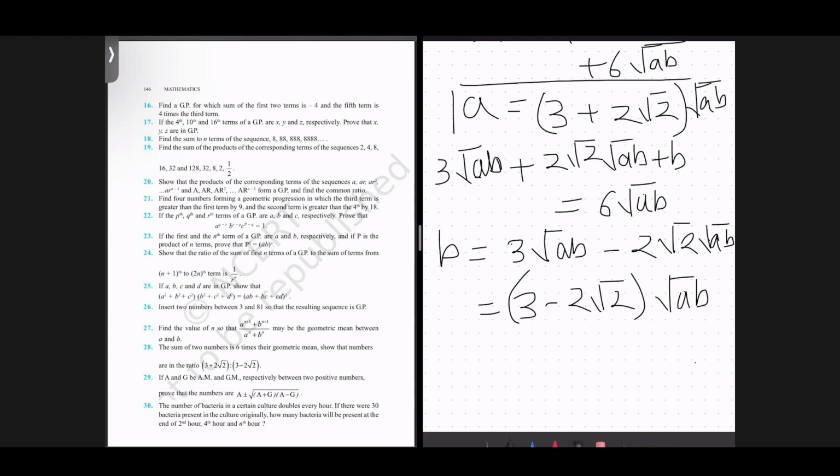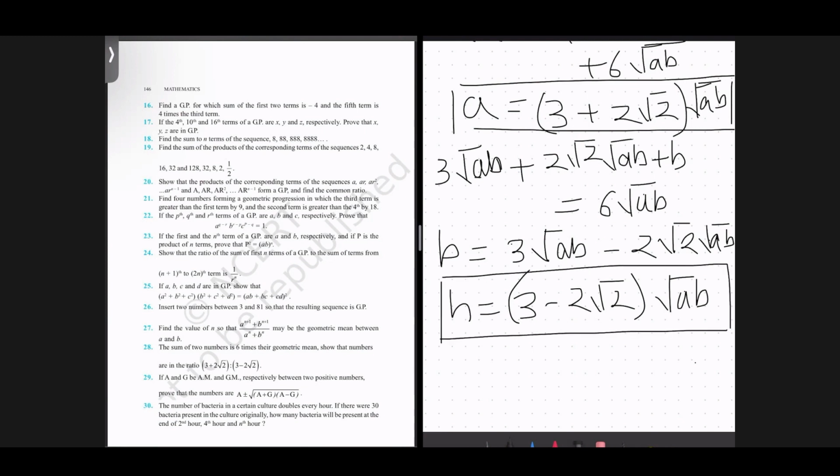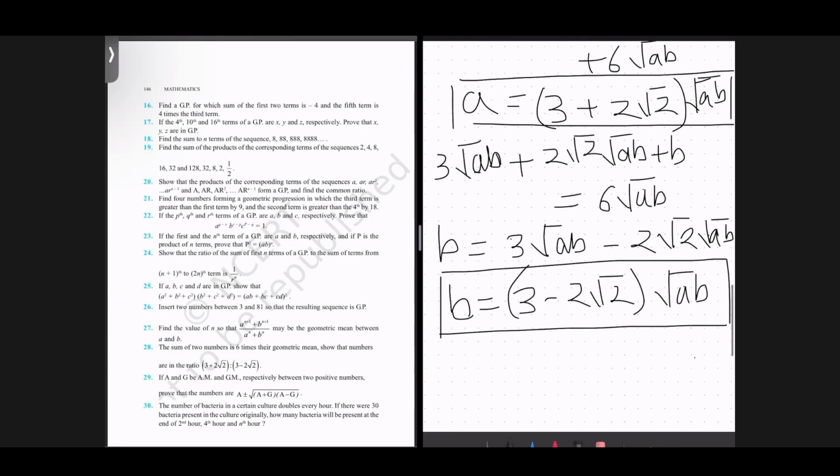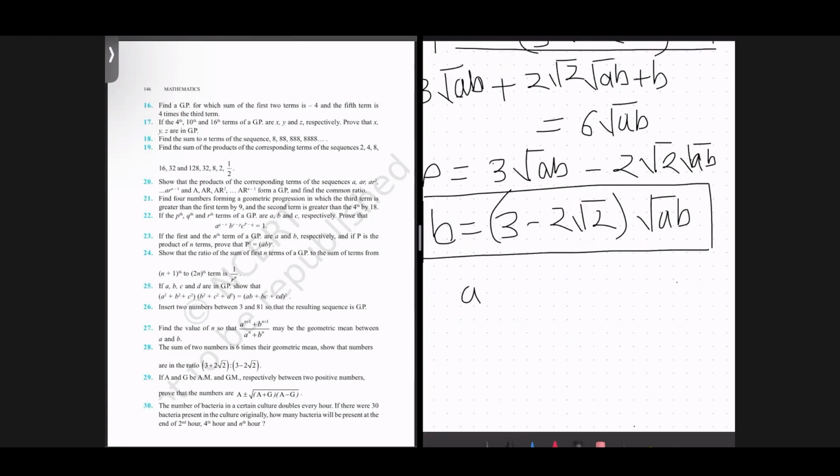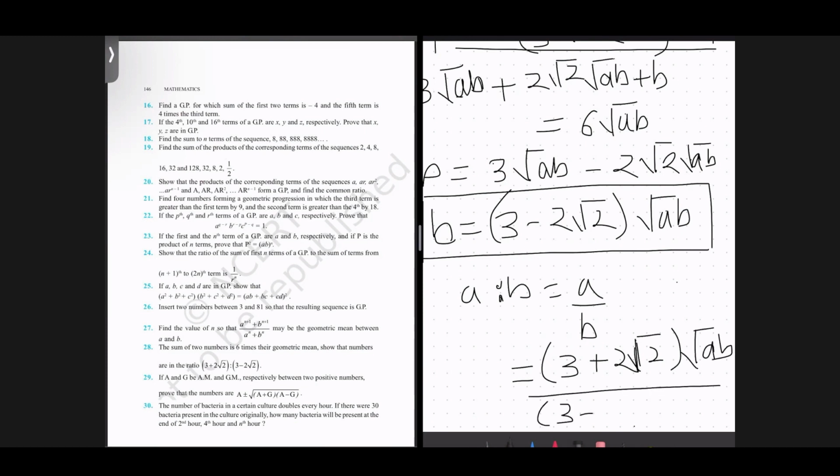So now we have the value of a, which is right here, and we have the value of b found right here. Let us find the ratio of a and b. Let us divide a by b and see what we get. So a ratio b equals a upon b, which equals 3 plus 2 root 2 into root ab upon 3 minus 2 root 2 into root ab.